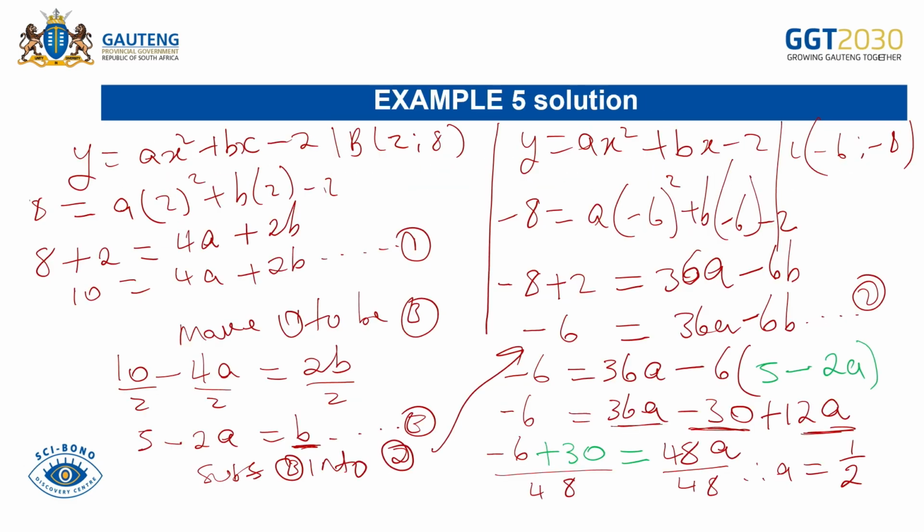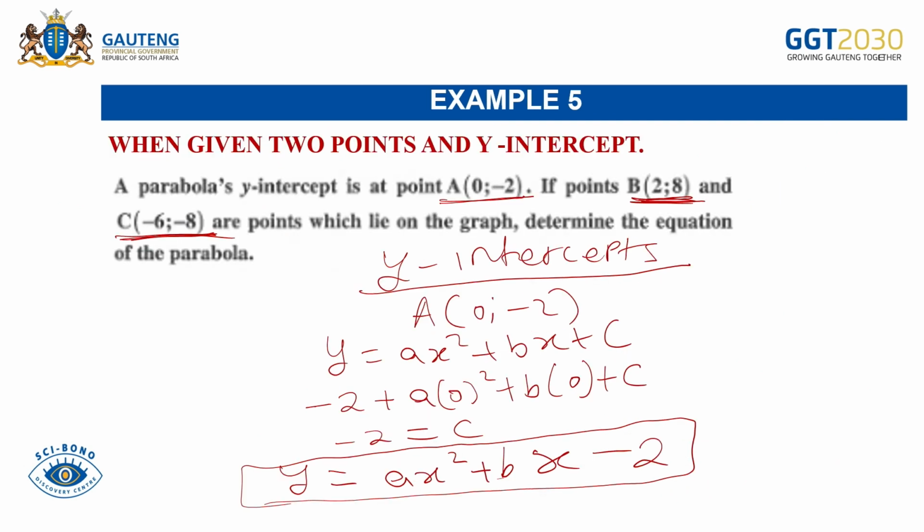Okay, we don't have space anymore, so I'll have to erase. Now I have my value of a. We said our a is given as 1 over 2. This is a continuation: a equals 1 over 2.